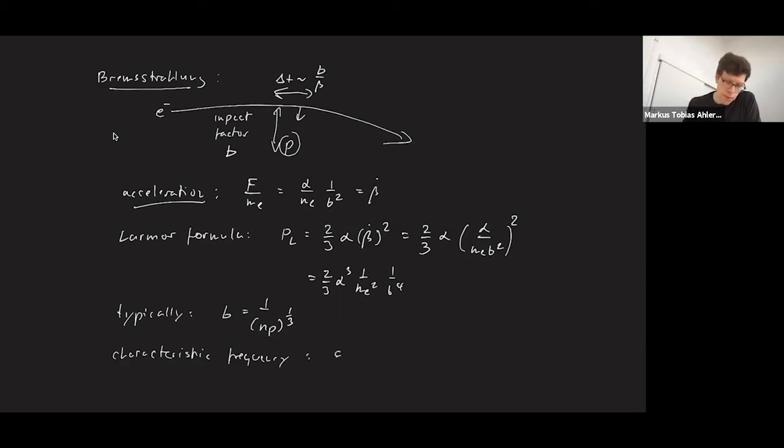So the characteristic emission epsilon should be of the order of beta over b in natural units. So that means that the Larmor power divided by epsilon should go like 2/3 alpha to the power 3, 1 over the electron mass squared, the density of protons divided by the velocity. So this is the approximation that we can make.